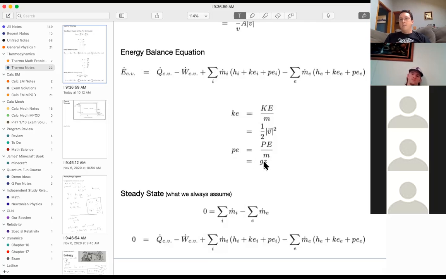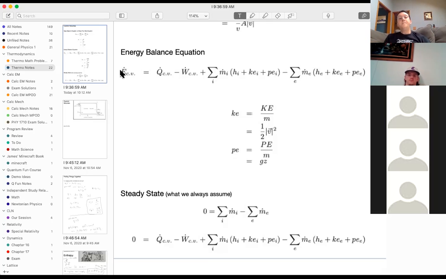For almost all of our examples, in fact all of them that I can think of that we will work through, you can just ignore this. If you're digging a well, or talking about something hundreds of meters deep or 1,000 feet deep, then you would have to worry about potential energy as well. For us, it's there, but numerically it is so small compared to everything else, we just don't care.